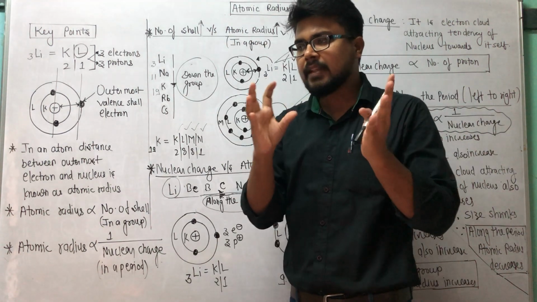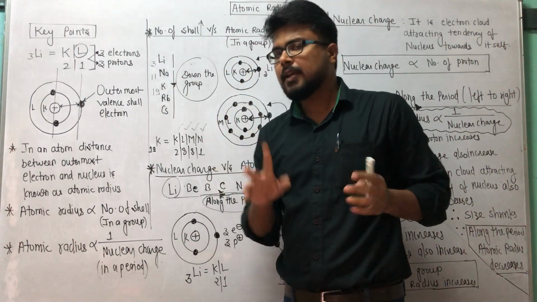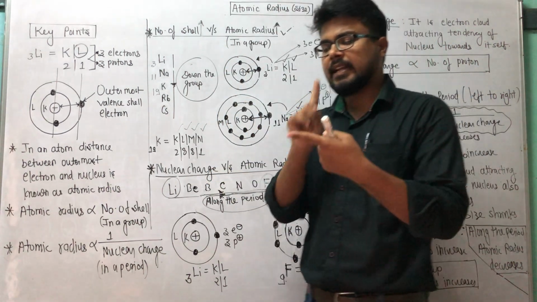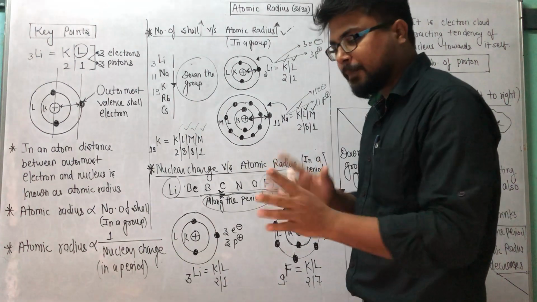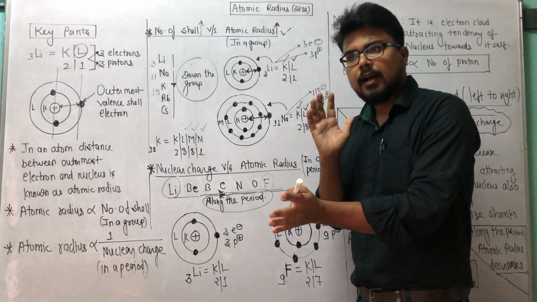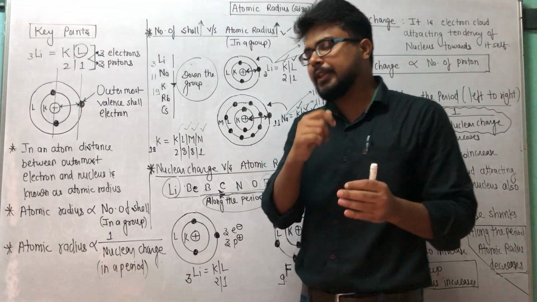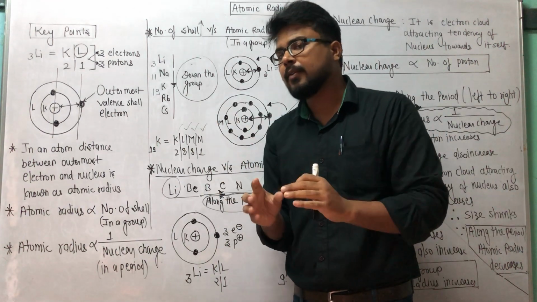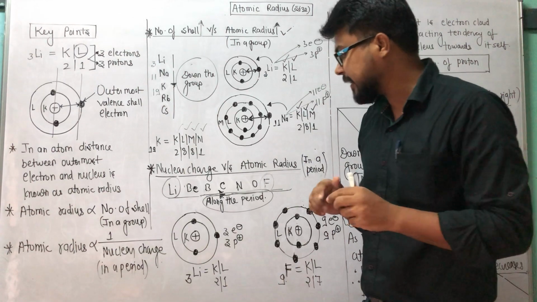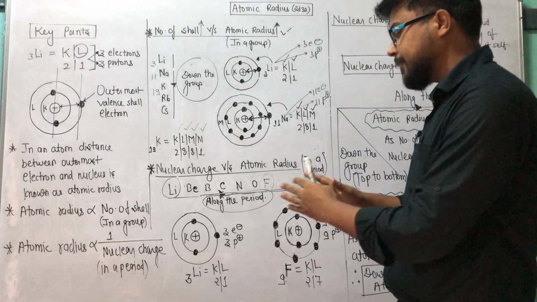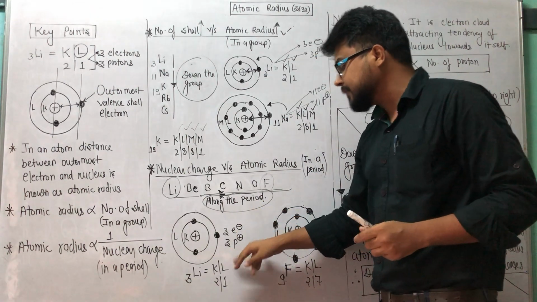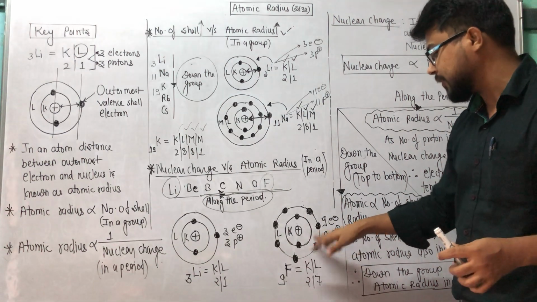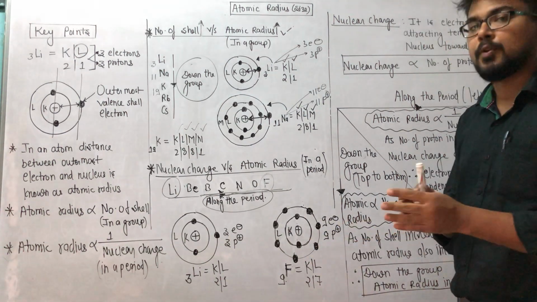So it is nothing but the particular atom. In an atom, there are 3 particles, electron, proton and neutron. Because the proton is a positively charged species and the neutron is neutral, whatever the charge of the nucleus is, is due to protons only, correct? So in lithium there are 3 protons, and in fluorine there are 9 protons.